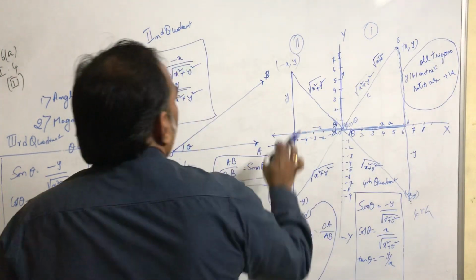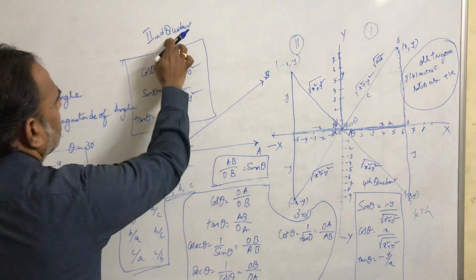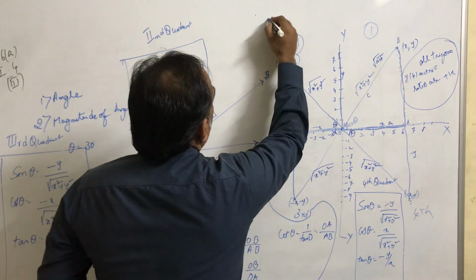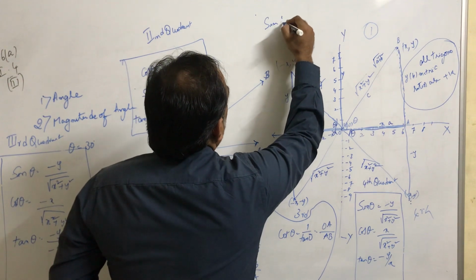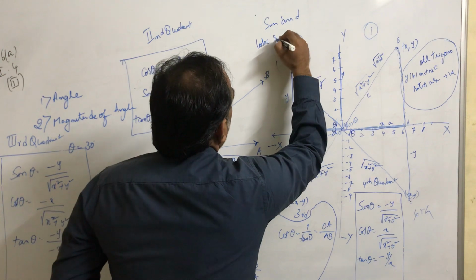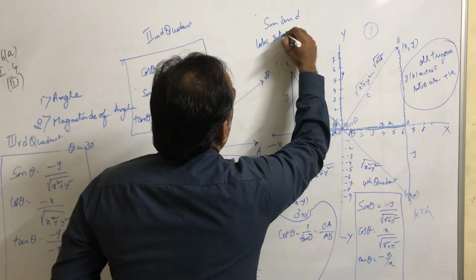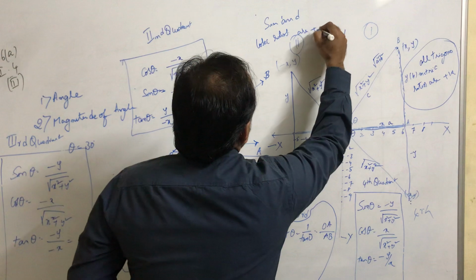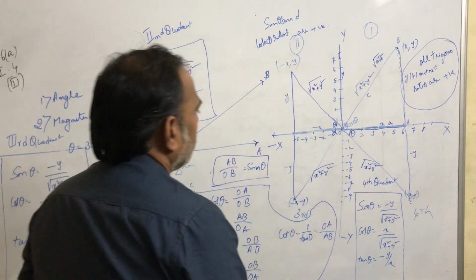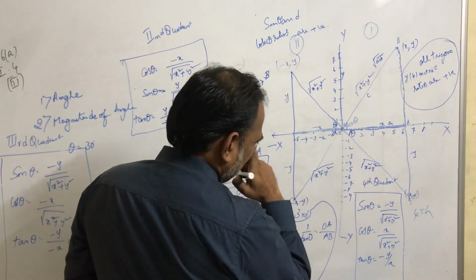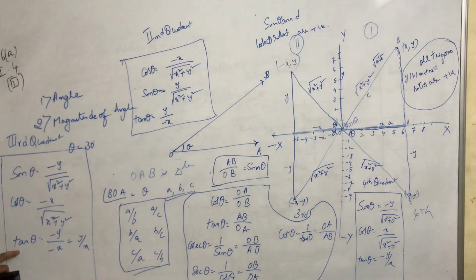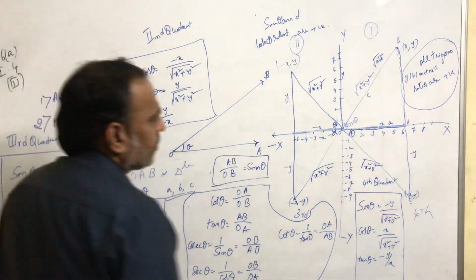Okay, in the second quadrant, which is positive? Sine. In the second quadrant, sine and cosecant ratios are positive. That means sin theta and cosecant theta are positive. In the third quadrant, tan and cot are positive.